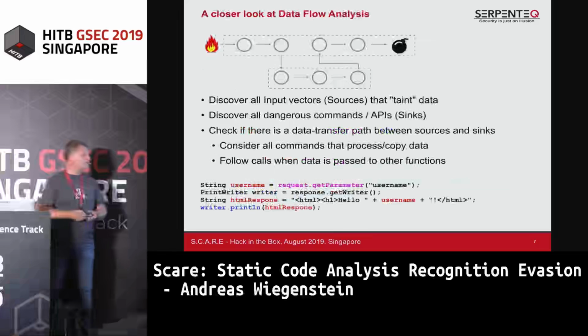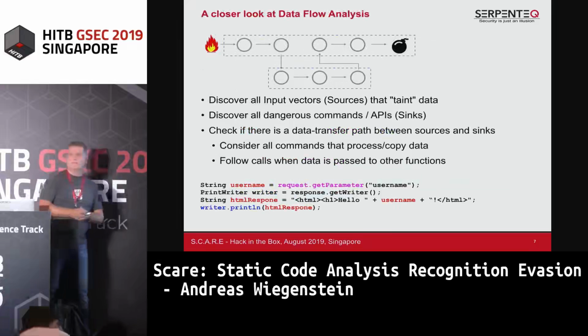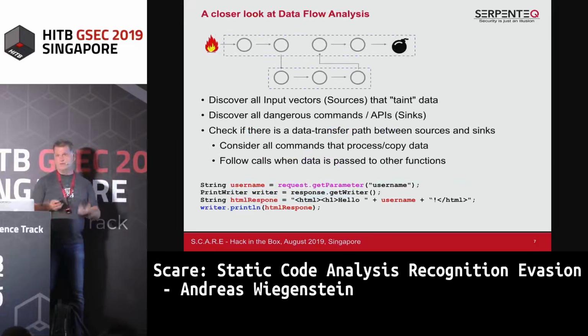Makes sense. So let's look at this in a little bit more detail. In order to build such an algorithm, if you are a vendor, you need to know about all the potential input vectors, technically all the programming commands that read data from the outside, that taint it.